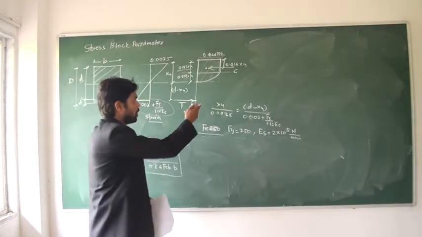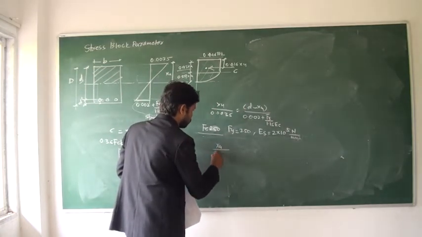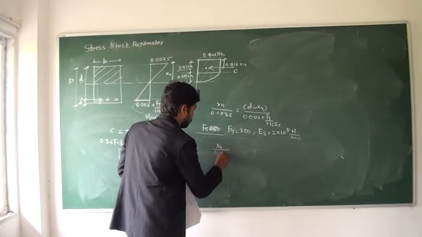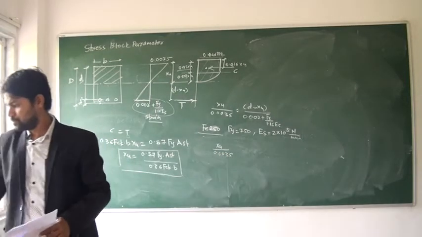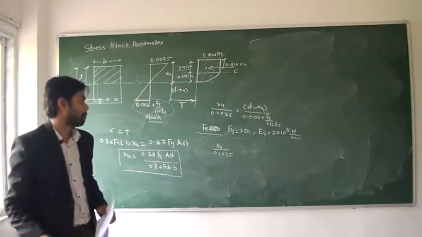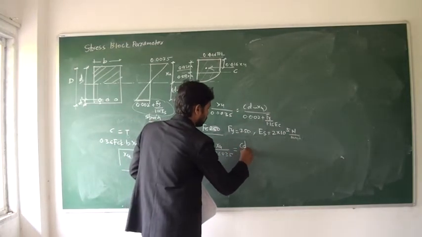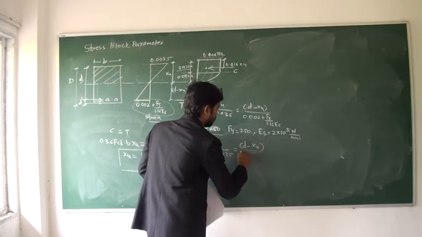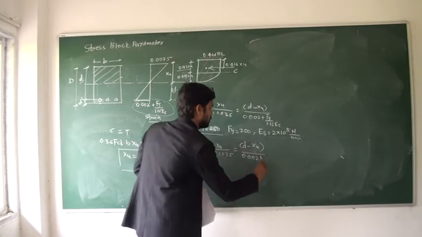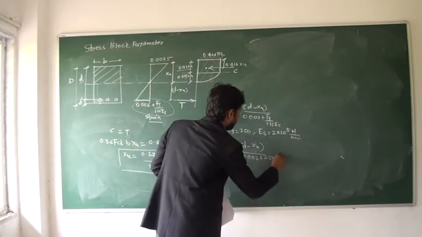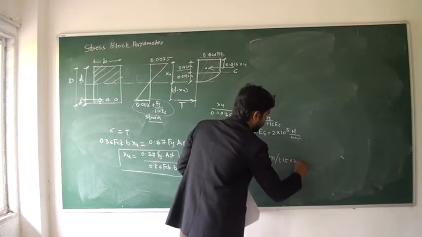Now if you substitute all the values here, you get 0.0035 divided by xu is equal to d minus xu divided by 0.002 plus 250 divided by 1.15 into 2 into 10 raised to 5.